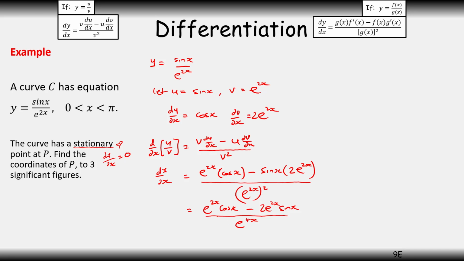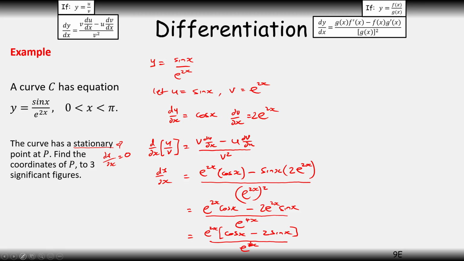Now I've got e to the power of 2x in the numerator, so if we take it out and put brackets in, so if we factorize it, e to the power of 2x leaves us with cos x minus 2 sine x all over e to the power of 4x.